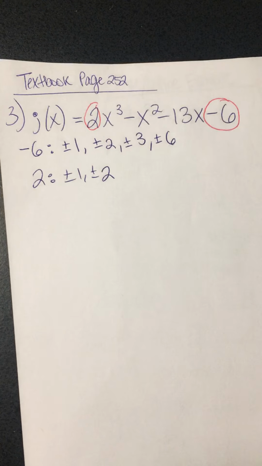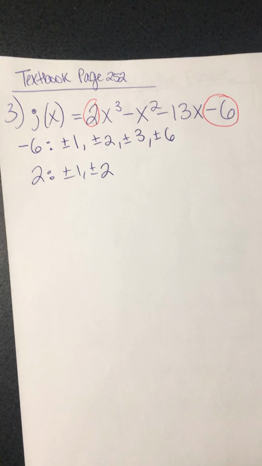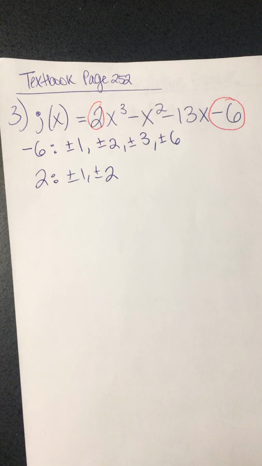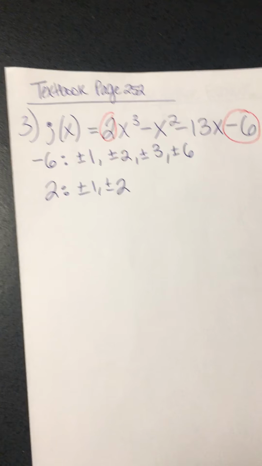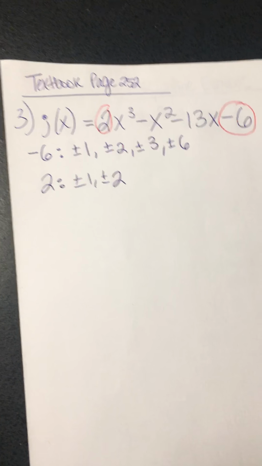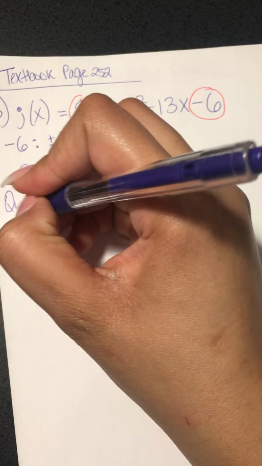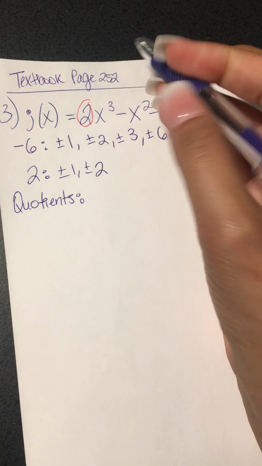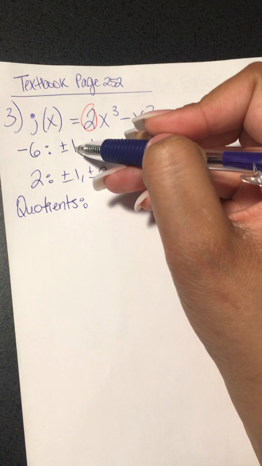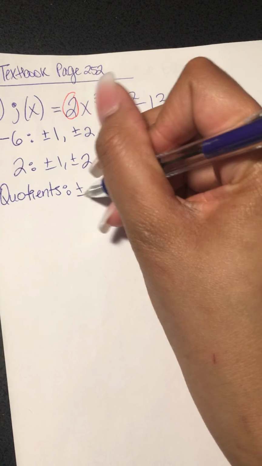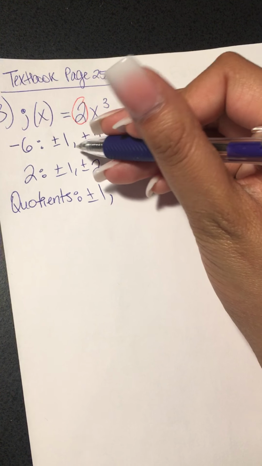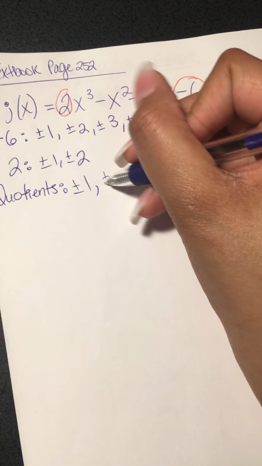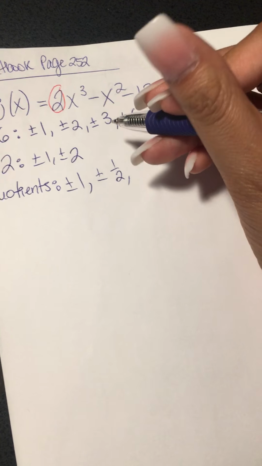Just 1 and 2. Now take the quotients of every possible combination, dividing all the factors of 6 by all the factors of 2 individually. So start with the first factor of 6. 1 divided by 1 is 1. 1 divided by 2 is 1/2, no decimals.